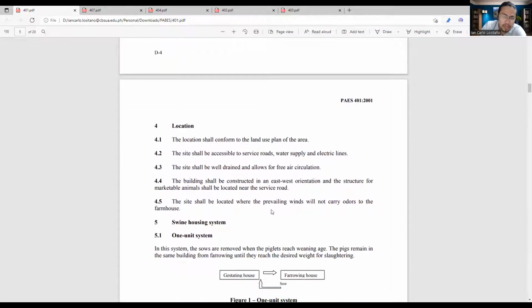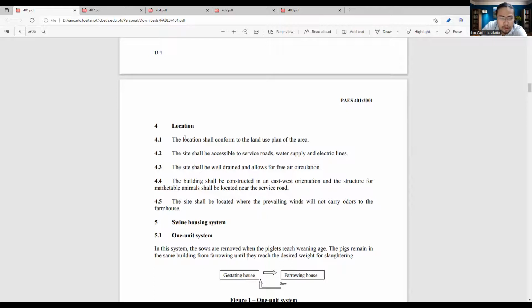So let's proceed with the requirements that are required for the structure. Generally structure, but we have here a building because this is a housing for swine.